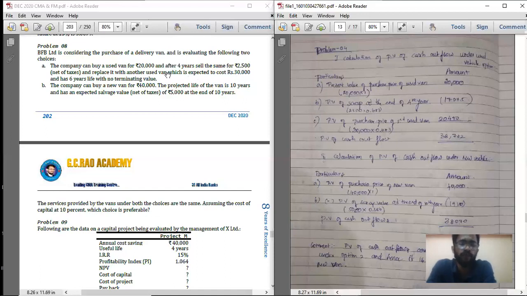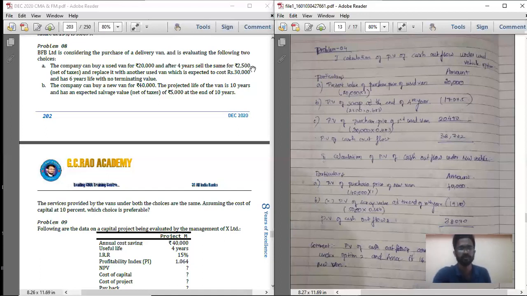After 4 years, you are selling the same for 2,500 rupees. When you purchase for 20,000 rupees, your cash goes out, so it is an outflow. When you sell it after 4 years, you receive 2,500 rupees, which is a cash inflow. So from the 20,000 rupees you should deduct the present value of the 2,500 rupees.